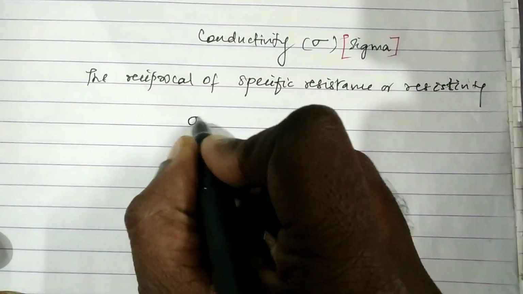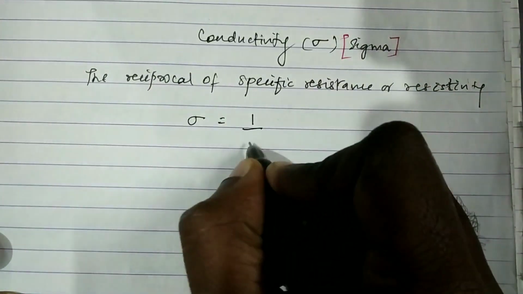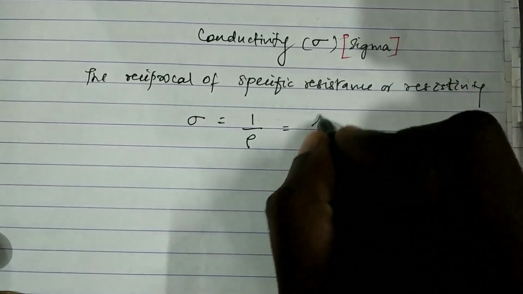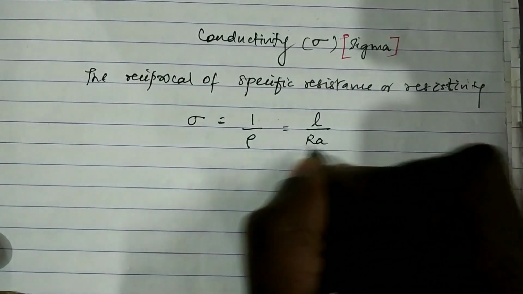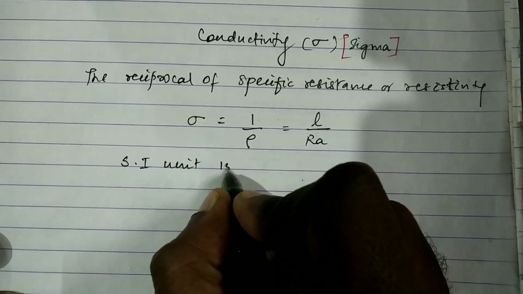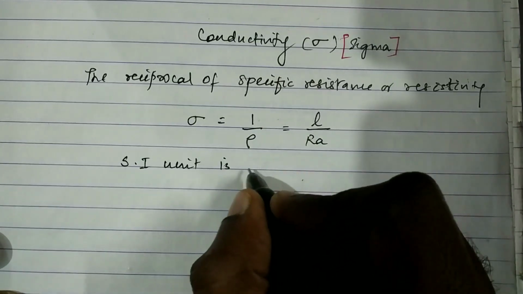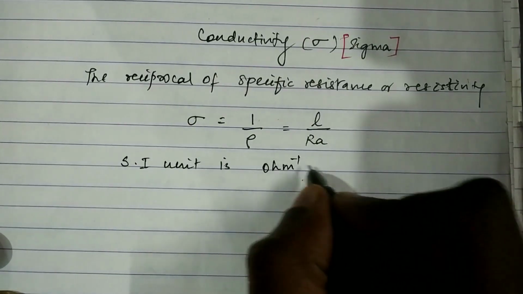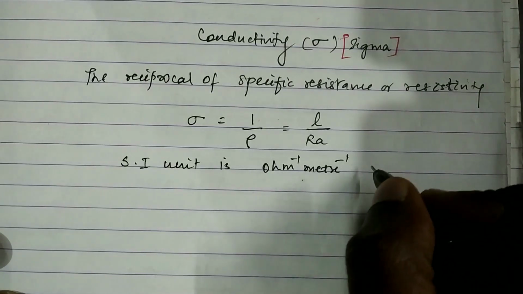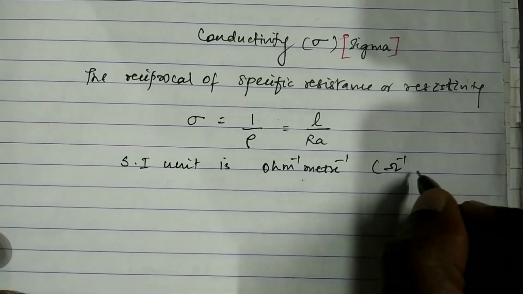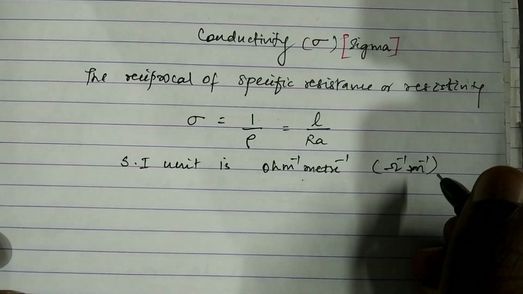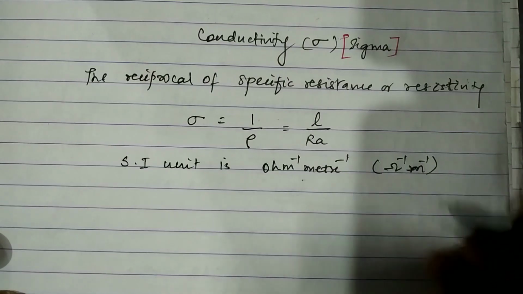So sigma is equal to 1 by rho, so you can say L by RA. So the SI unit will be per ohm meter, or you can write per ohm per meter. This is the SI unit of conductivity.